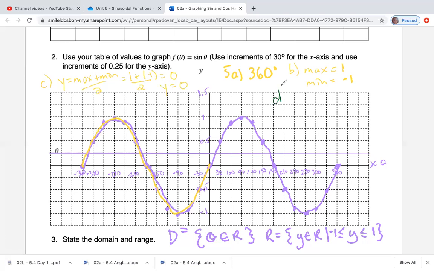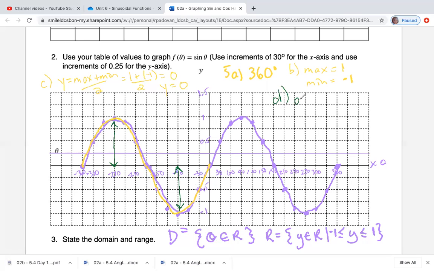And then for part D, what is the amplitude? So the amplitude is, again, from the equation of the axis to the peak, this is my amplitude. And from the equation of the axis to the trough, I could also say it's from -1 to 0. I can take a look, it's from 0 to 1. So I'm also looking at my y's, right?